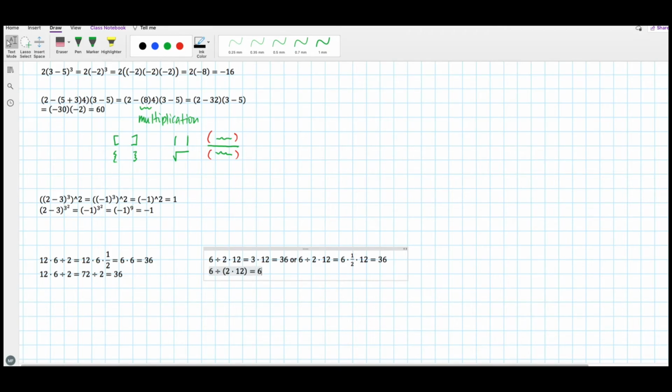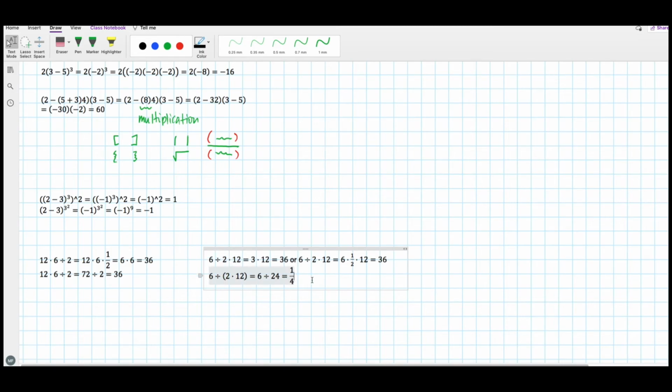And so they end up with 6 divided by 24, which becomes 1/4. Okay, so if it were written with parentheses, then yes, this would be correct. But without the parentheses, it's evaluated the way we see in this first line here.